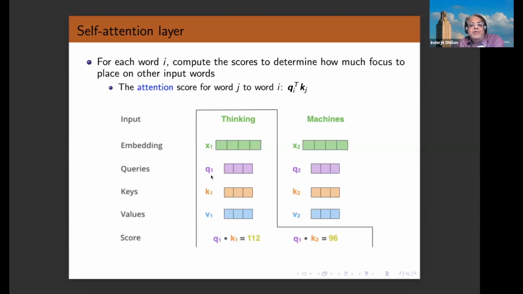And now is where self-attention comes in. For each word, you compute the scores to determine how much focus to place on other words. In particular, the attention score for word J to word I is Qi transpose Kj.